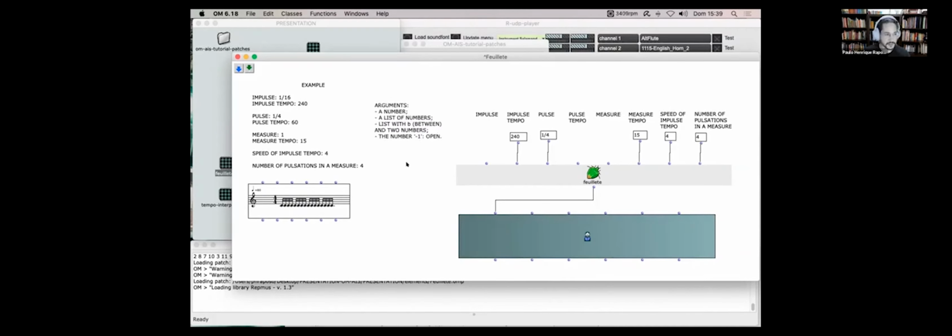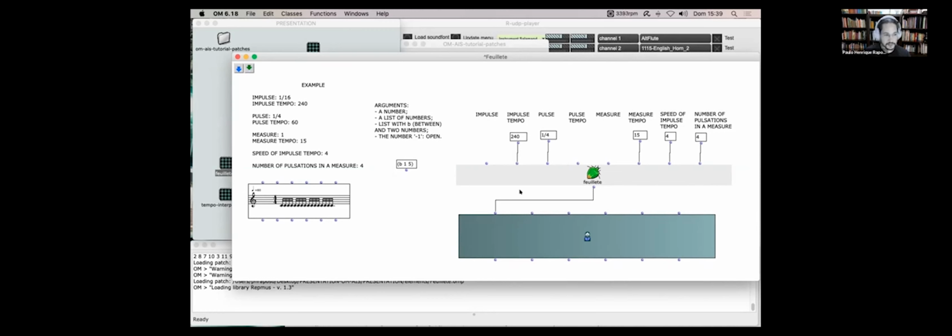For example, B 1 and 5, we have this: all numbers between 1 and 5. And if we use -1, that's the standard input, we have the open situation. So it's an open variable.